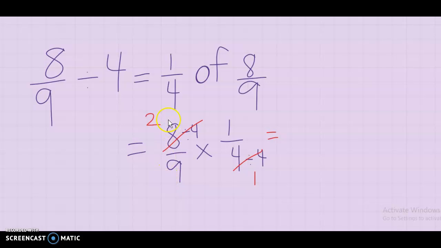This makes it easier for me to multiply. The numerators, 2 times 1 is 2, and 9 times 1 is 9. So the answer of 8/9 divided by 4 is 2/9.